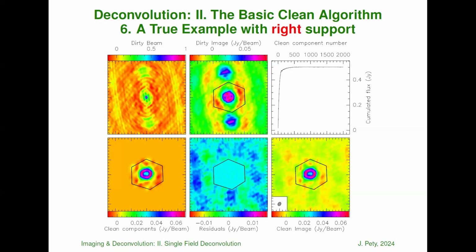When I was young, when I arrived at IRAM, I was doing this. Then I studied a source for 10 years, and at some point the instrument improved, and I increased the signal to noise ratio. There was one point source outside the support I was using that was always there at 3 sigma.